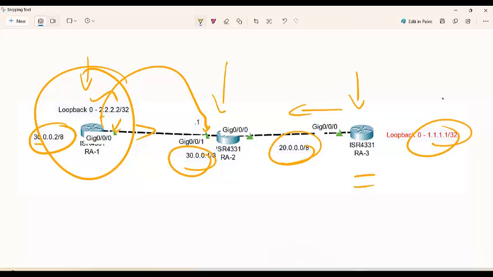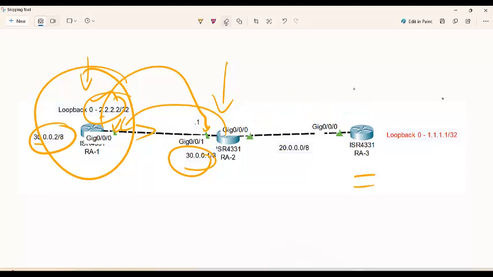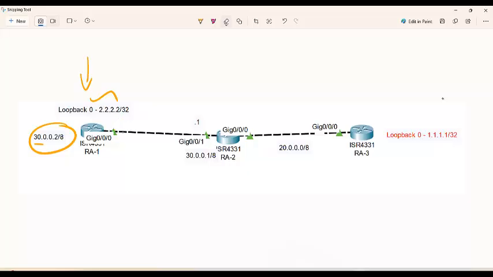Whereas on this router, to reach 2222 you have to go to this gateway. To reach 1111, you have to go to the other side gateway. This is not stub. Router 2 is not a stub router, because it has unknown destinations in multiple, different directions.